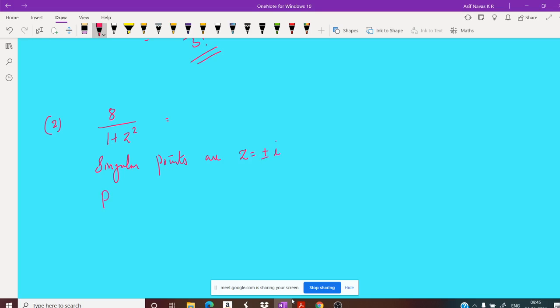Now we want to first find the residue at z equal to i of f of z. So let us check whether we can do it by using that formula. So this is P of z divided by Q of z. What is P of z here? 8, and Q of z is 1 plus z square.